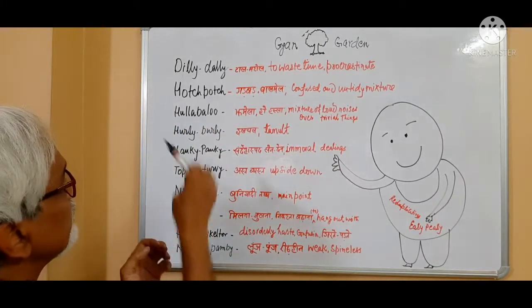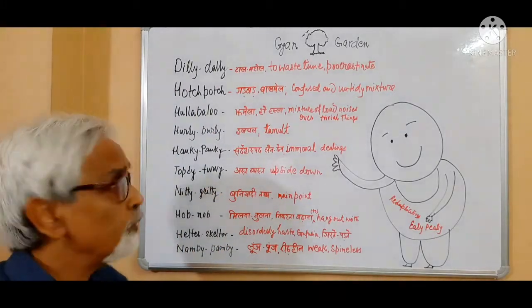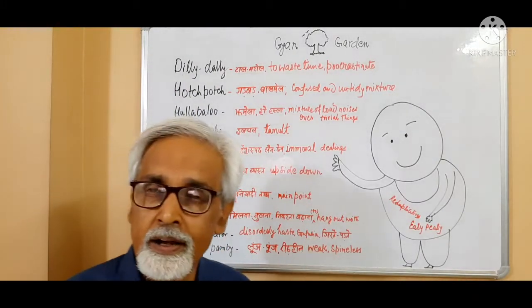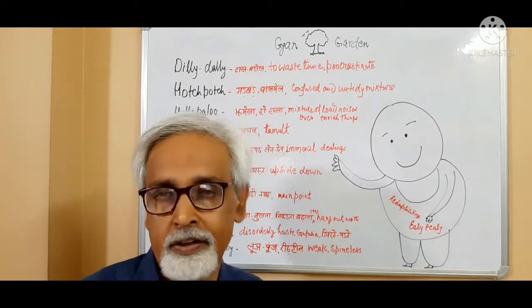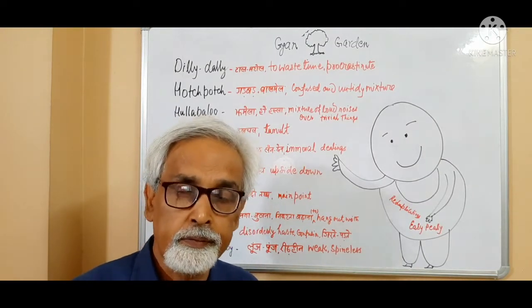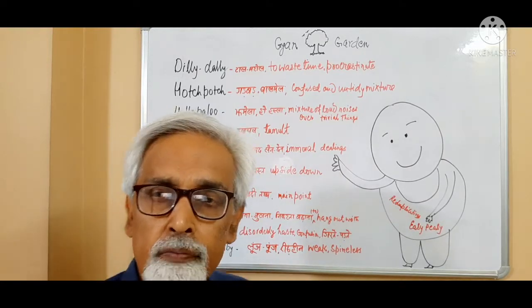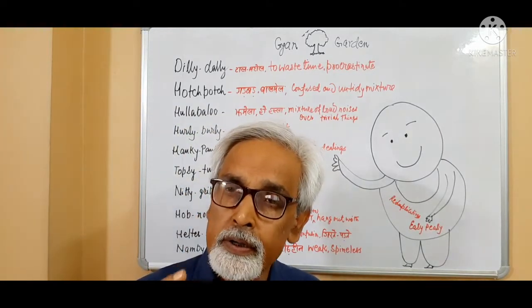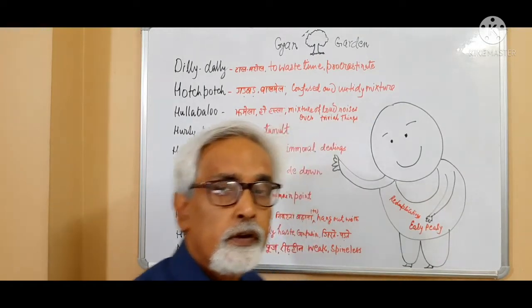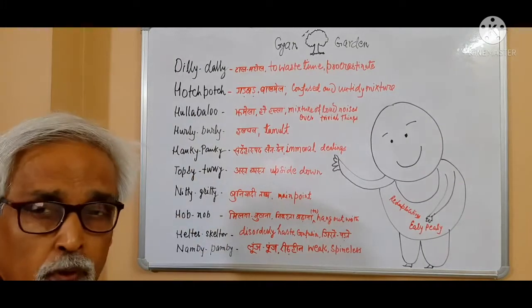For example, in dilly-dally, here it is DI, here it is DA. Similarly, pitter-patter, ding dong, tick tock, etc. So many reduplicative words are there. So now I think you have got my point what a reduplicative word is. So we were talking about this hodgepodge.